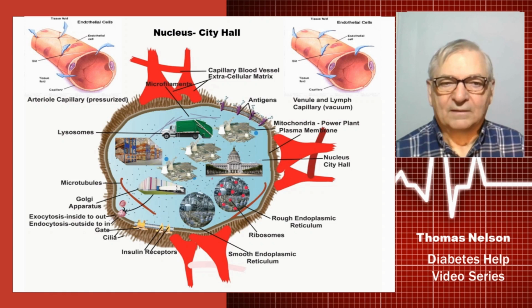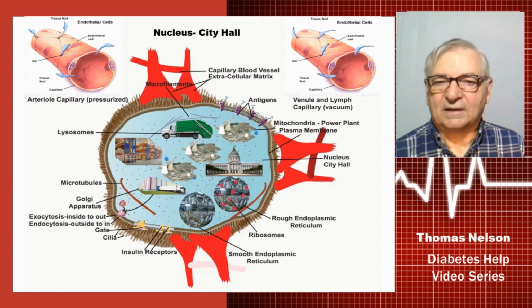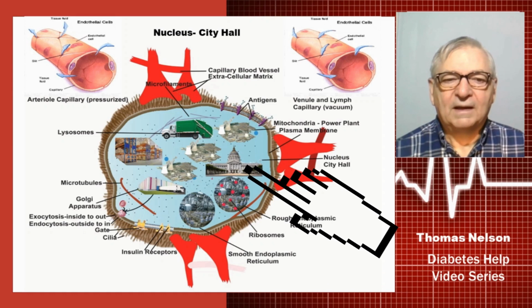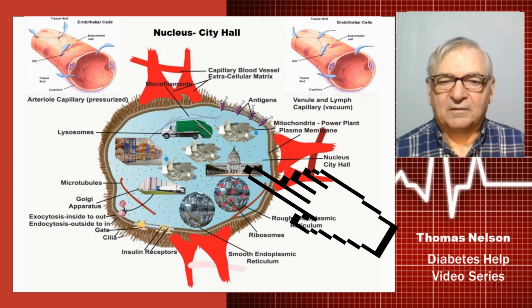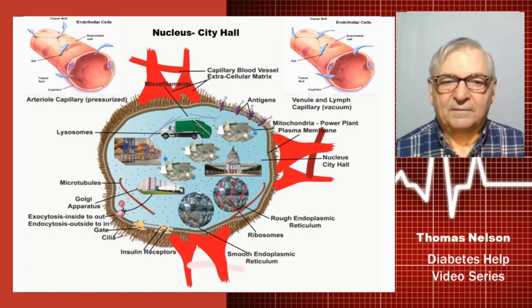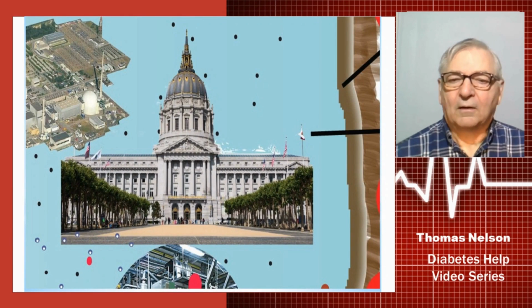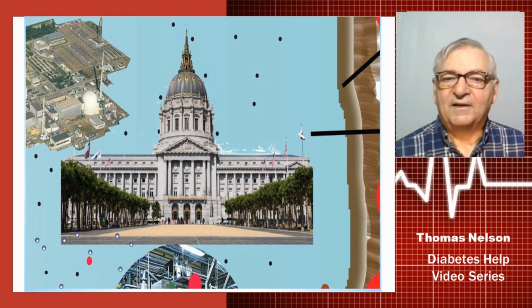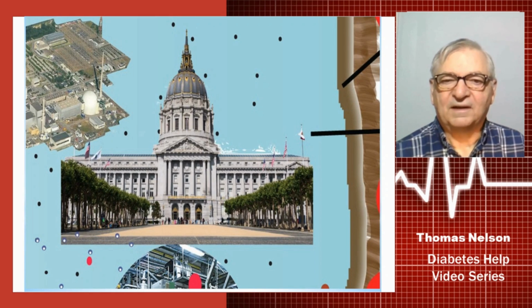All right, so first we're going to look at the nucleus, which is City Hall. And you can see City Hall is located in this illustration on the right hand side, near the center. So City Hall is what runs your little cells. We call them little cities because they're so similar to very small little cities.